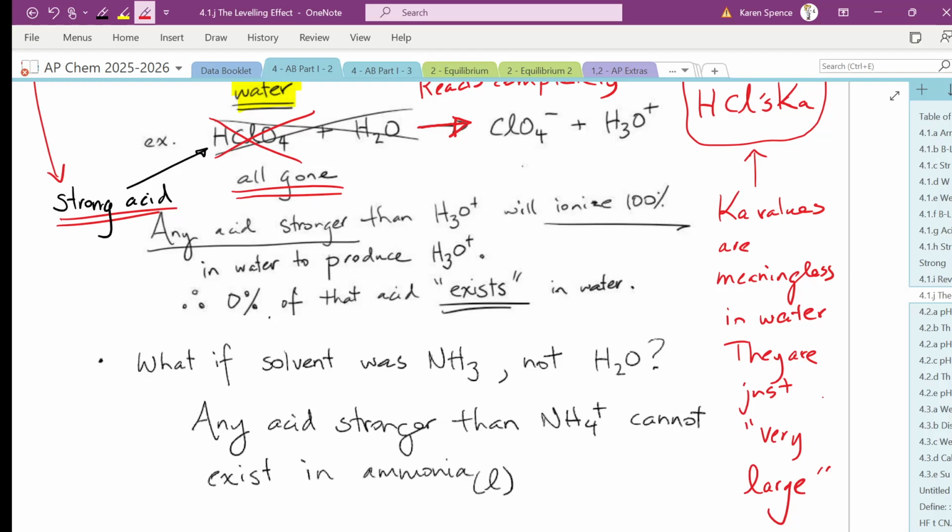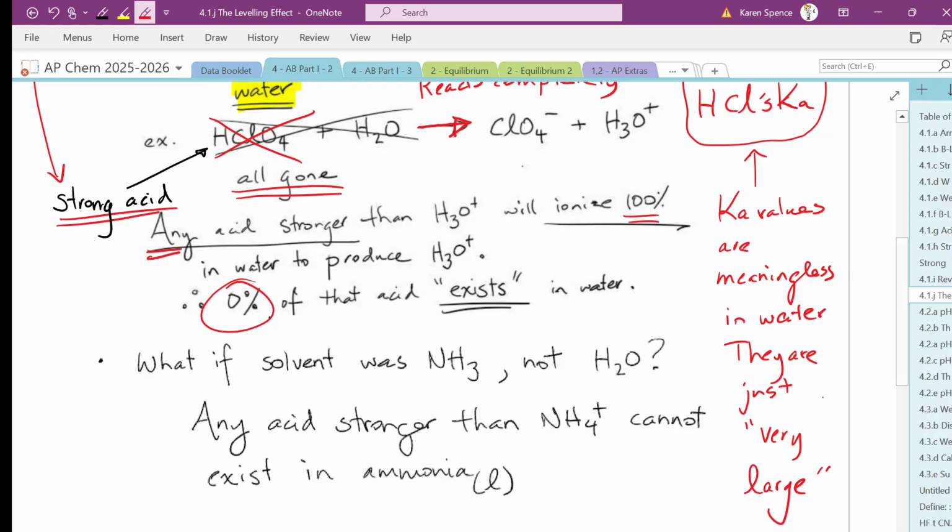So whether you have HCl or whether you have HI, they all dissociate 100%. So any acid stronger than H3O plus will ionize 100%. And so 0% of that acid exists in water because it's all gone.